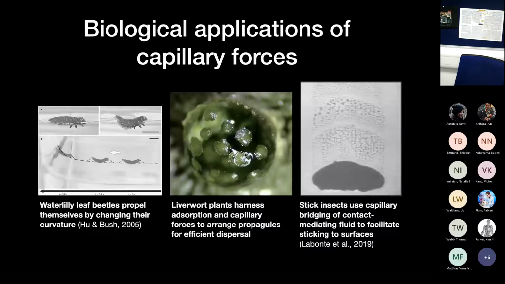Some of the work in my group, which I'd be delighted to talk to people about in questions, but is not the main topic for today, involves looking at these multicellular propagules of the liverwort plant. This is how this plant reproduces asexually, and we see that these propagules adsorb very strongly to air-water interfaces and can arrange themselves perhaps for optimal propagation.